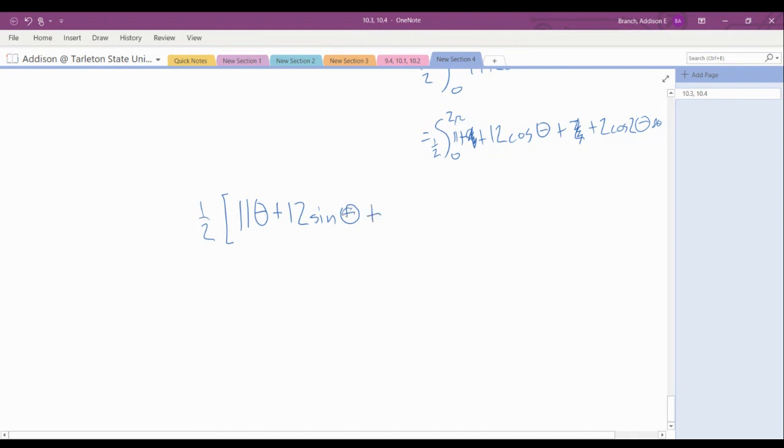And then if we integrate 2 cosine of 2 theta, we're going to keep our sine of 2 theta. If we think about this, and if we derived our sine of 2 theta, we would get 2 cosine of 2 theta, so we can leave that. And then we're going to integrate from 0 to 2 pi.